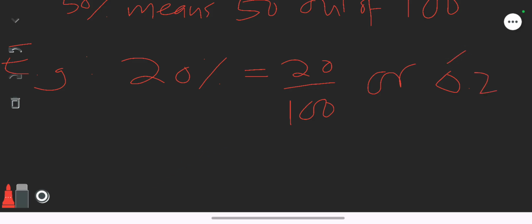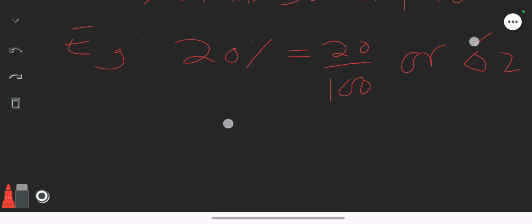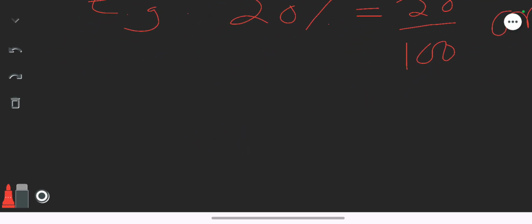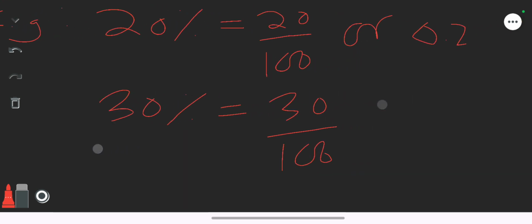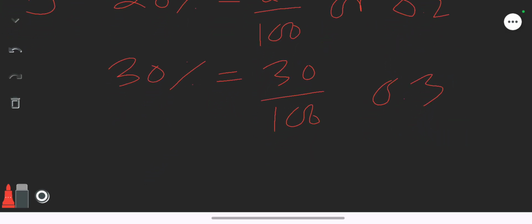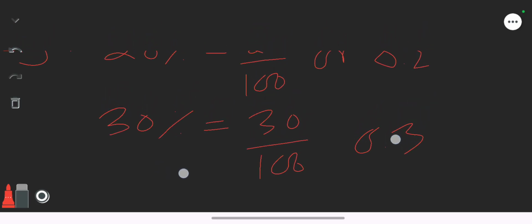Okay, let's look at another example. If we have 30%, it means 30 over 100, and it also means 0.3.